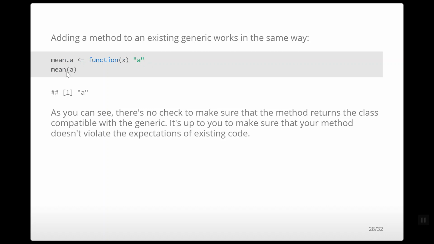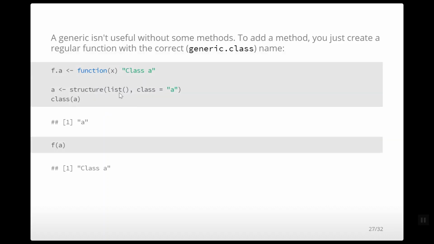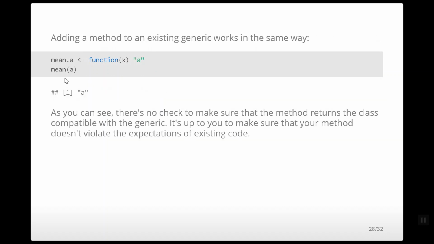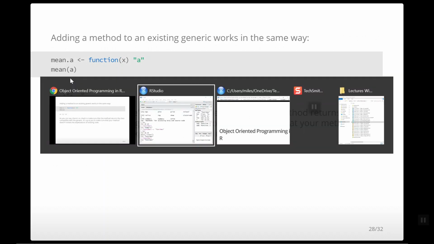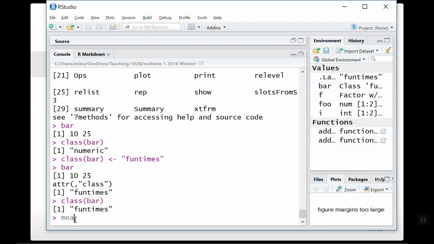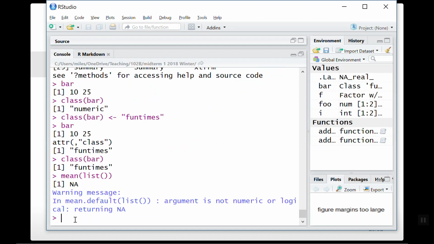A is just an empty list that happens to have the attribute class equal to a. Normally, if I say take the mean of an empty list, I don't know, what is the mean of an empty list? If I say mean of list(), it's going to return NA, right?